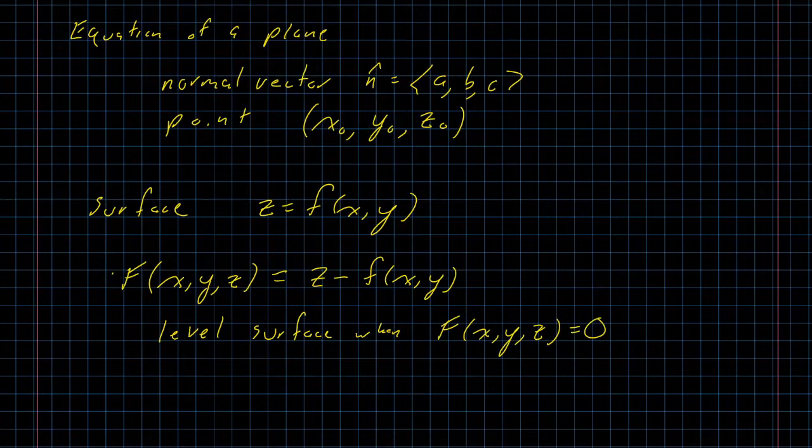And I want to think about the level surface formed when F of x, y, and z is equal to 0. That is exactly the surface that we had in the first place. If z minus f of x and y is equal to 0, that means that z is equal to f of x and y. We're going right back in circular logic. But there's a reason for thinking about it this way.